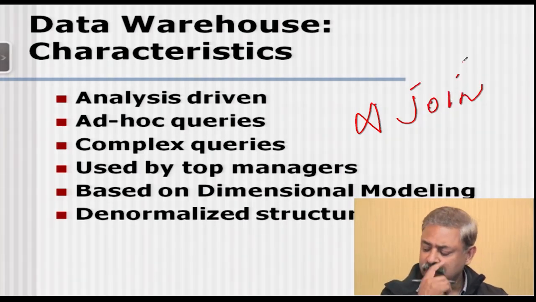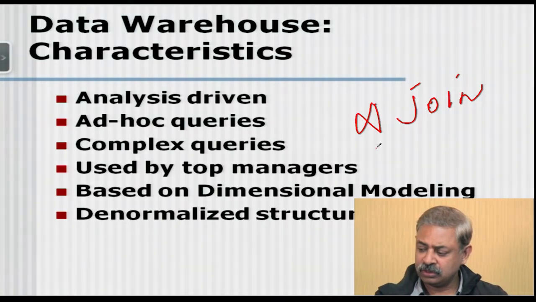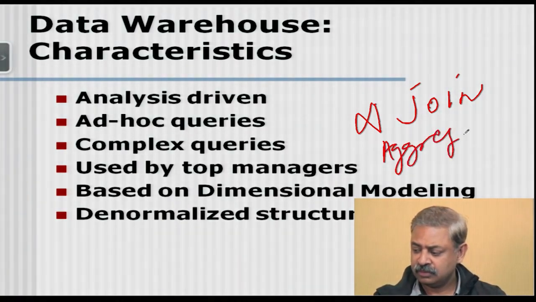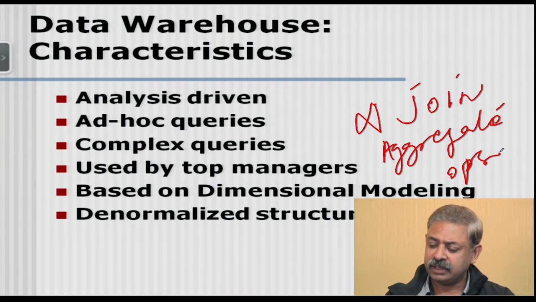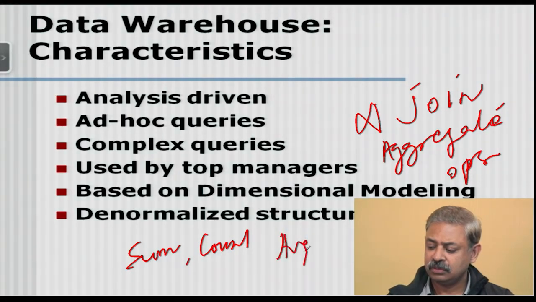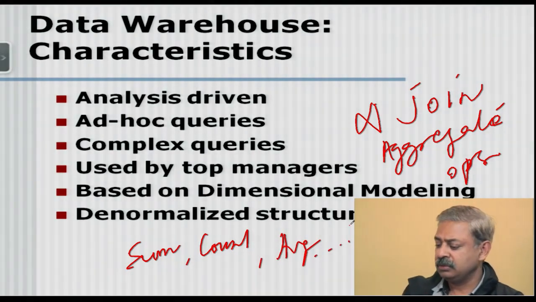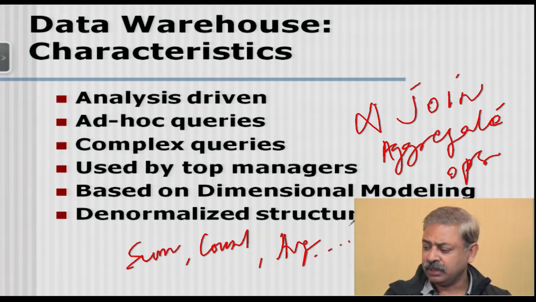Join operation, right? And you must also be familiar with aggregate operators in SQL, right? So SQL operators like sum, count, average, and there are many more. So these are typical aggregate operators.